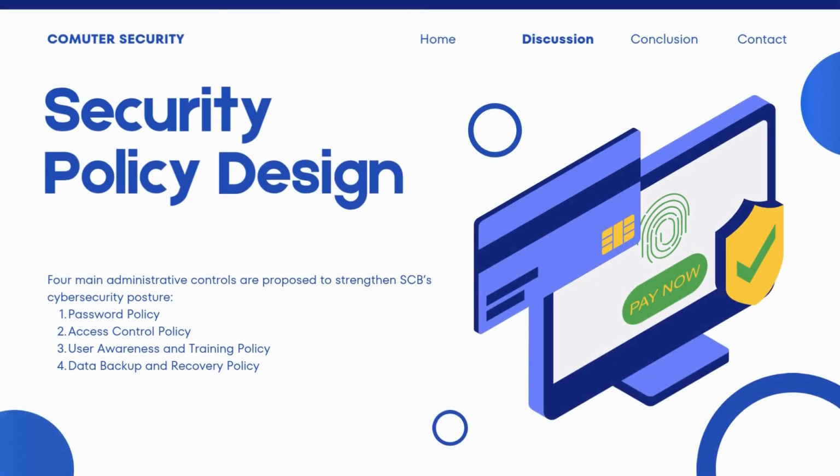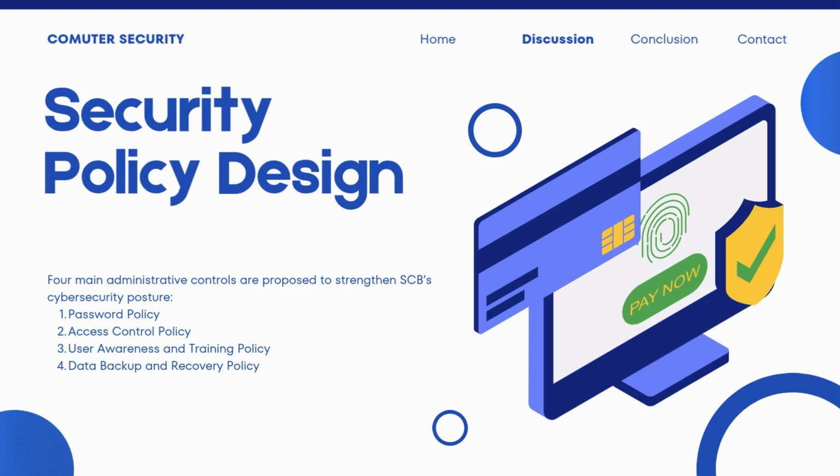Next, after identifying the assets and analyzing the threats, we move on to the security policy design. We propose four main administrative controls to improve the bank's cybersecurity posture. First, password policy to protect user accounts from unauthorized access. Second, access control policy to limit access based on roles and responsibilities. Third, user awareness and training policy to educate employees about security best practices.